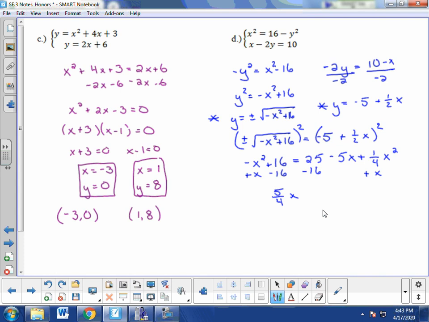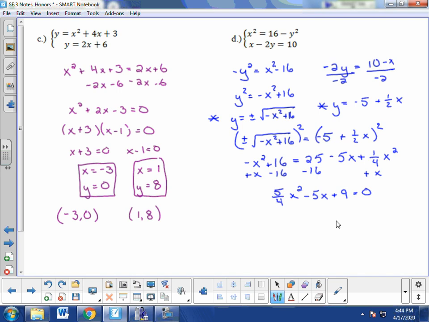You could put that as a decimal if you need to, but it's probably going to be easier to write it as 5/4. The 5/4 x squared. The negative 5x, nothing's combined here, so that's just negative 5x. And then 25 minus 16 is 9. It's going to equal 0 because everything on the left side of the equation, which I flipped around, is now canceled out.